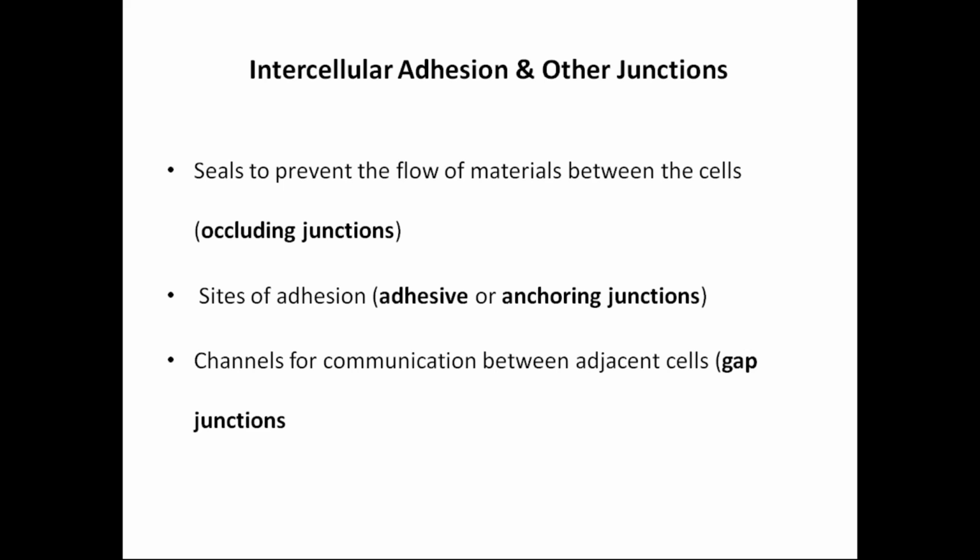And sometimes there is a channel of communication between adjacent cells, that is called a gap junction. Here one cell's cytoplasm communicates with another cell's cytoplasm. Actually, all these cellular junctions are formed by transmembrane proteins. So this is intercellular adhesion or junctions. This is very important for written and practical exams also.